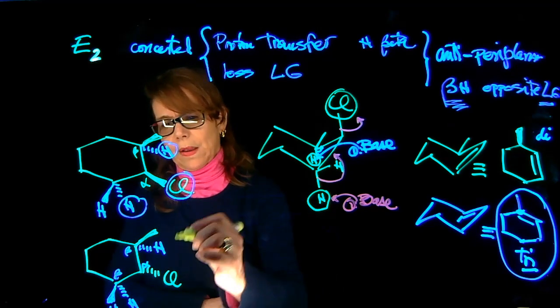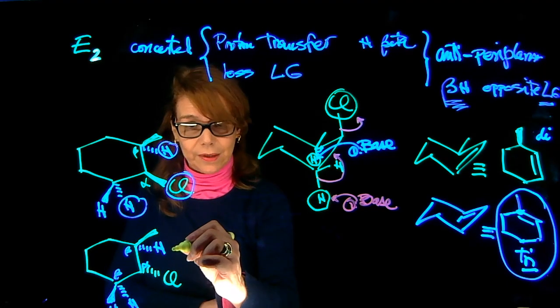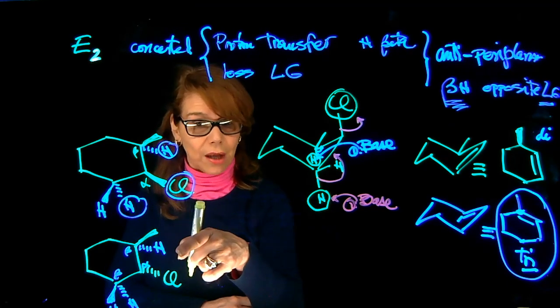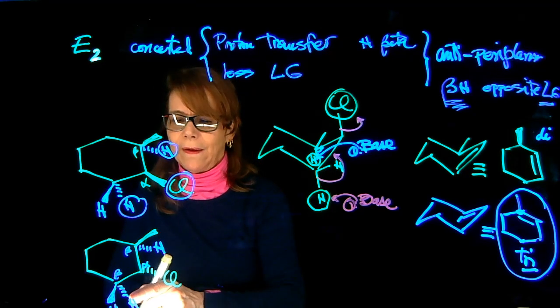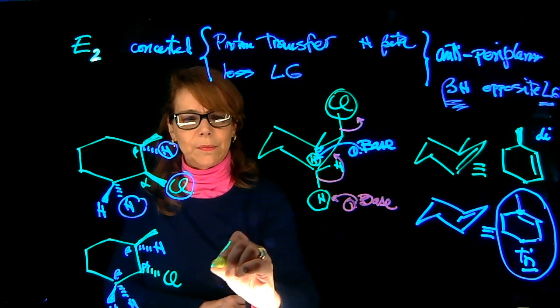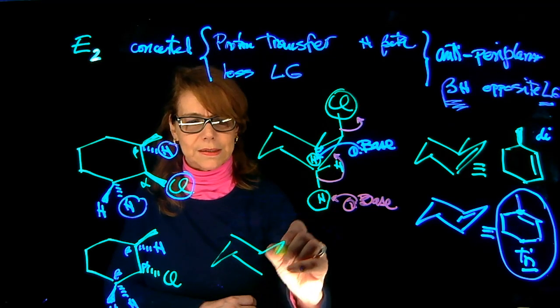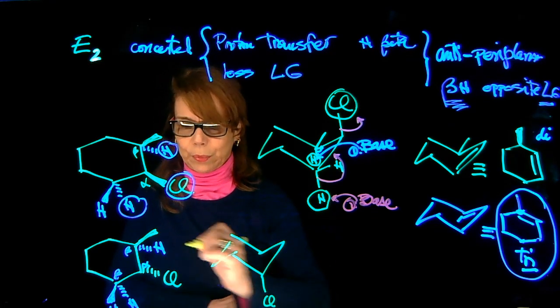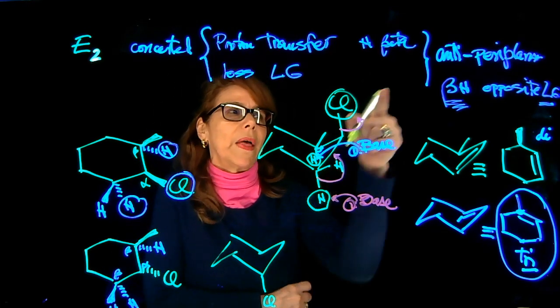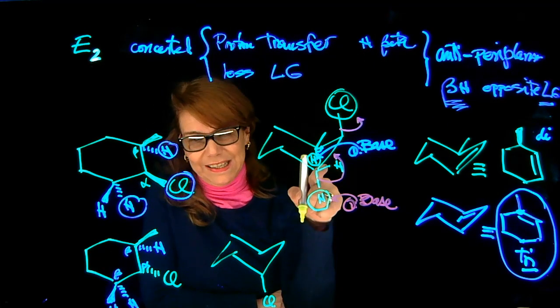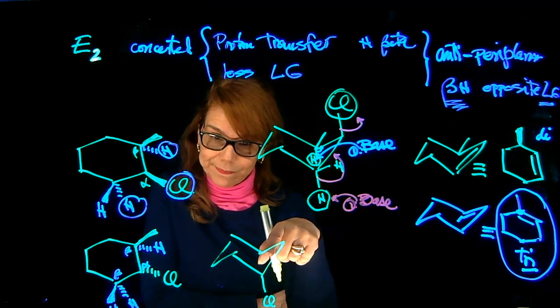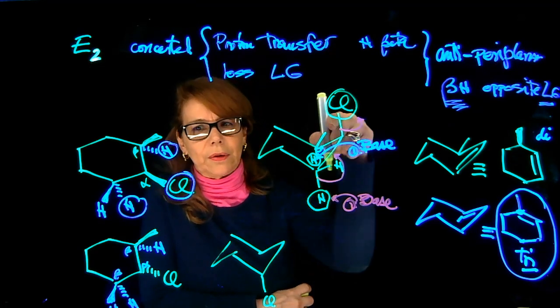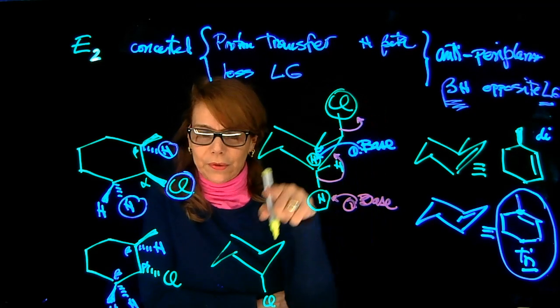Again, this is not in the appropriate conformation, it's not opposite, not anti-periplanar. This one is, and I'm going to make another drawing of that. Notice the chlorine is down here, so I'm going to put it in an axial position. Remember that you always want to put the leaving group axial. Here it was up, so up here, now it's down.